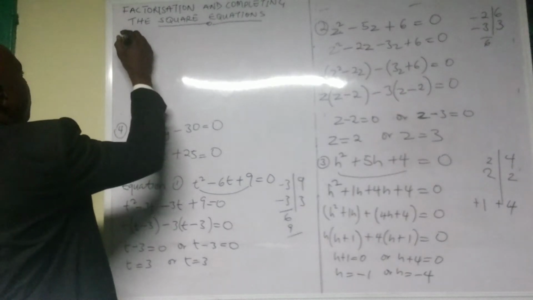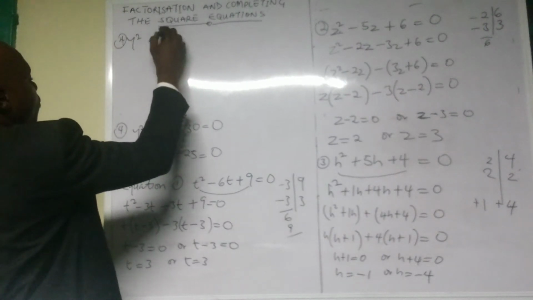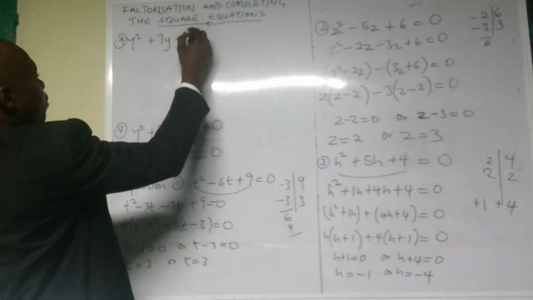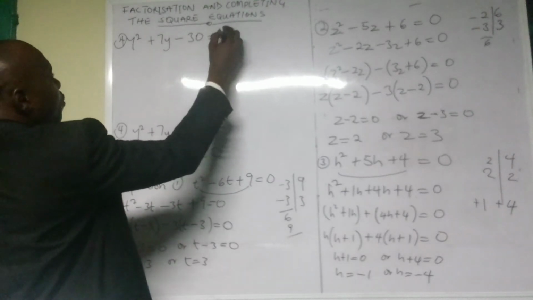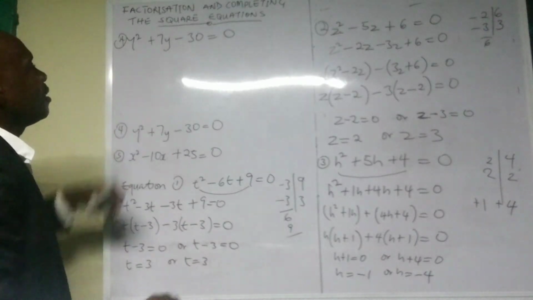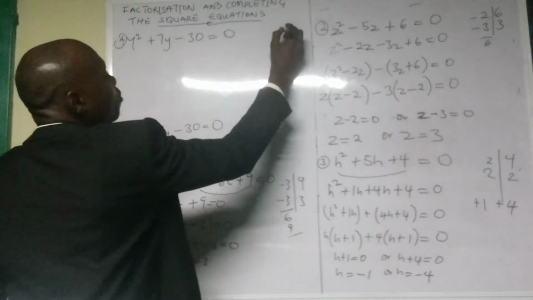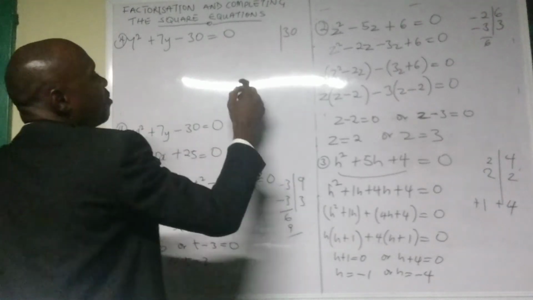This is example 4. y squared plus 7y minus 30 equals 0. So same thing, we'll multiply this one, 30. Then let's look for what we can do that will give us this 7. Let's put 30 outside and divide.